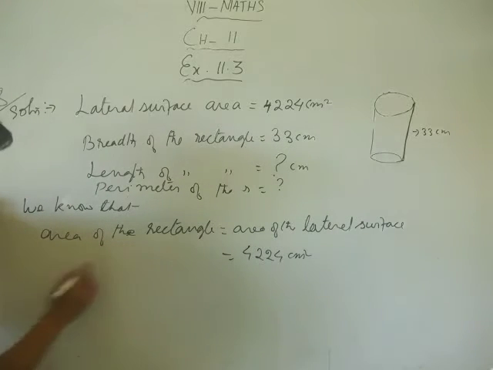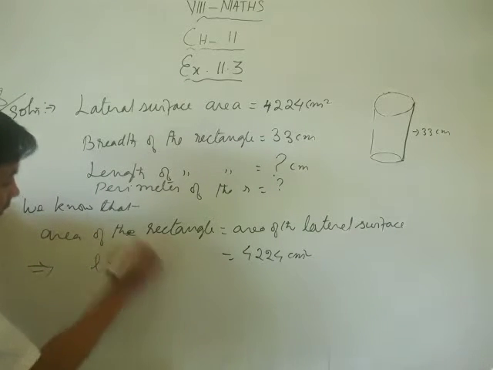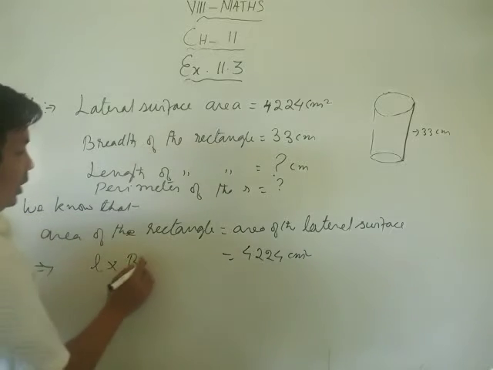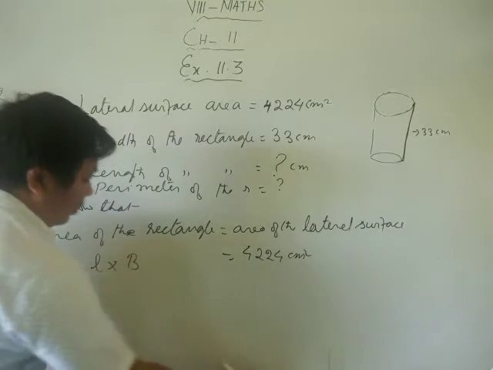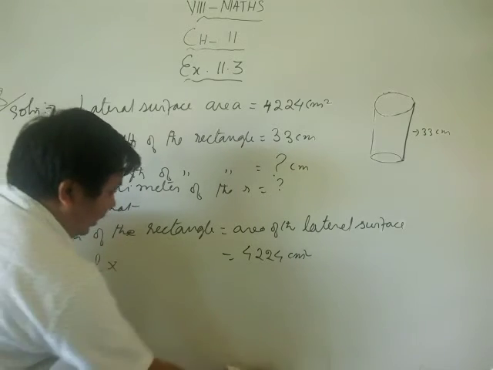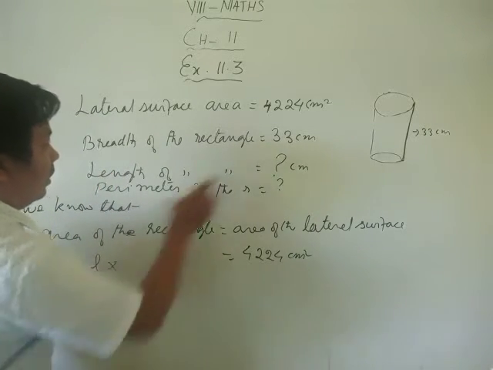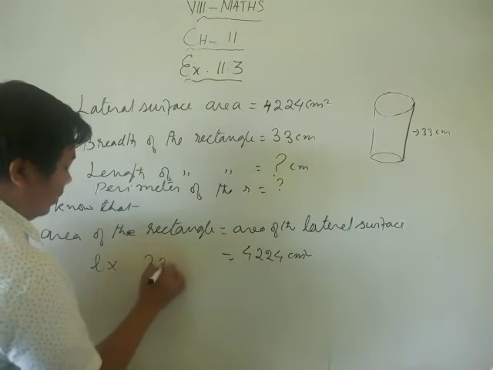Now the area of the rectangle is length into breadth. The breadth is already given as 32 centimeters, so no need to write it again. We have the length into 32 centimeters.